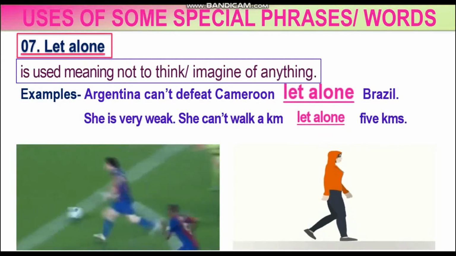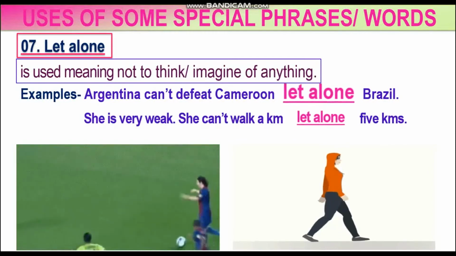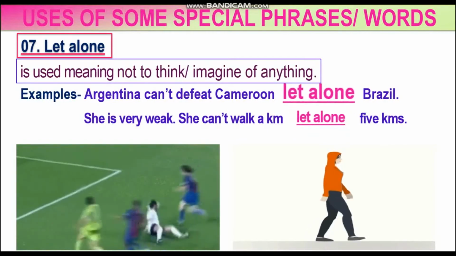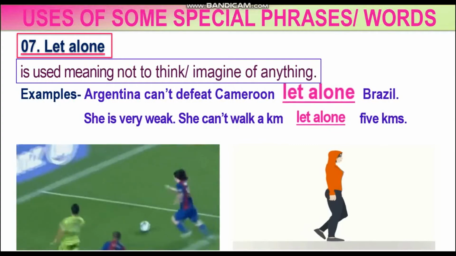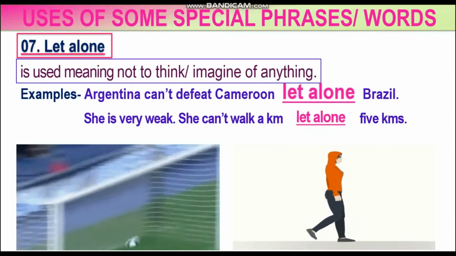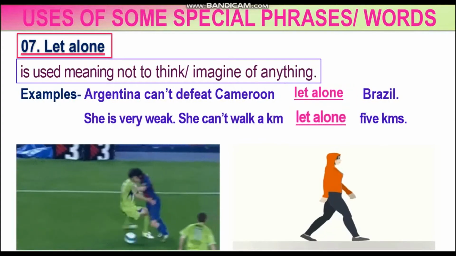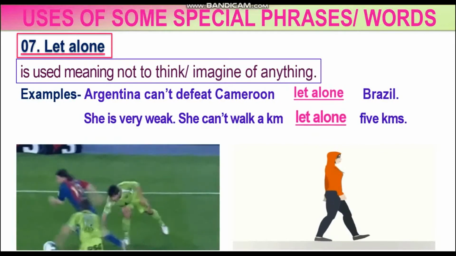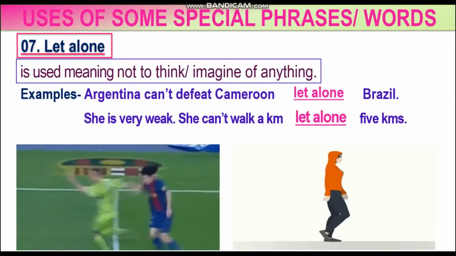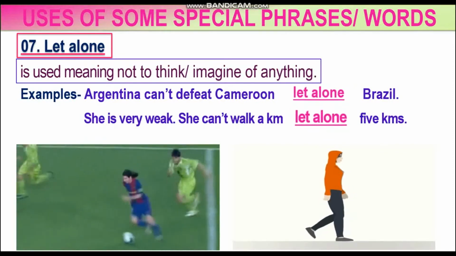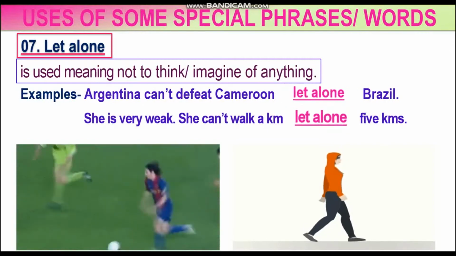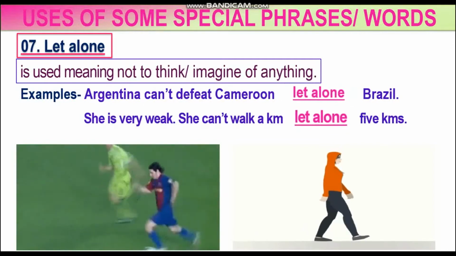Here the first sentence, Argentina can't defeat Cameroon, let alone Brazil. That means, accordingly, Argentina is a very weak team, and it is so weak that it can't even defeat another weak team, Cameroon.